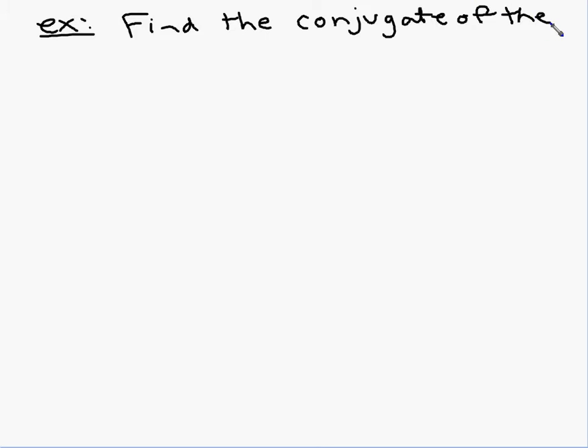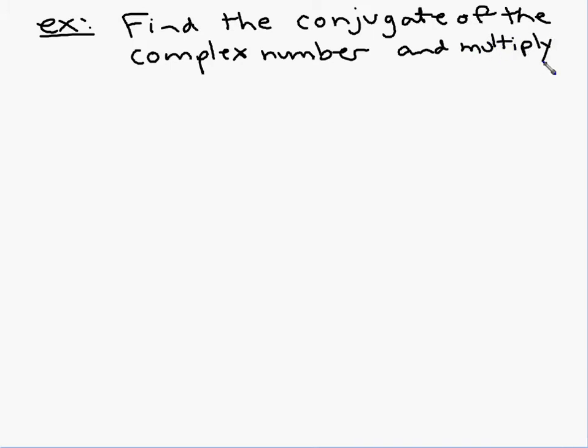First, they're going to ask you to find the conjugate of the complex number and multiply. Find the conjugate of the complex number, and then we're going to multiply the two together.